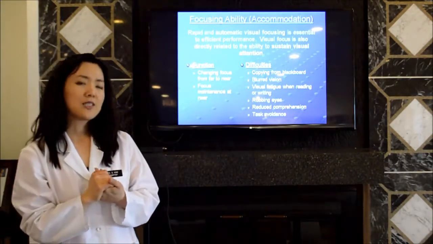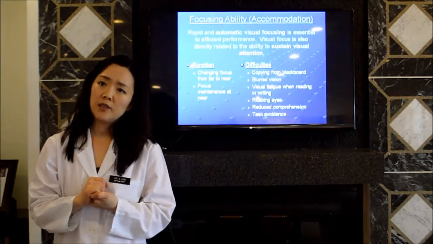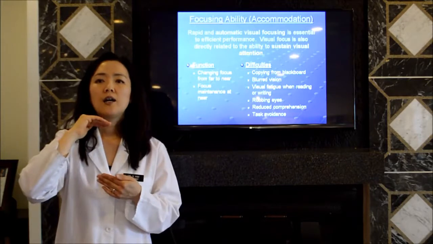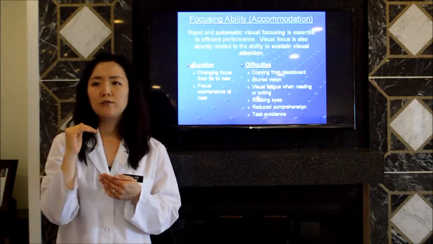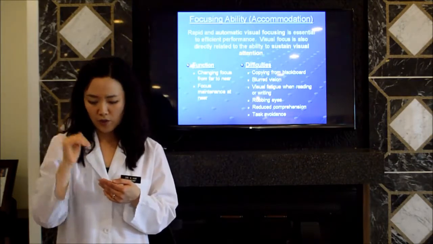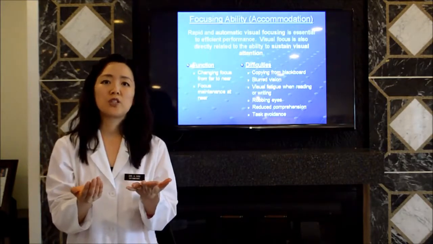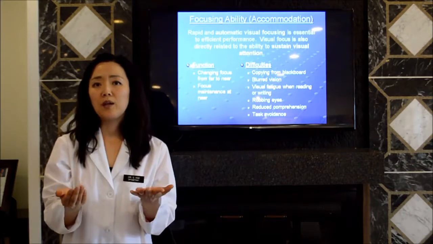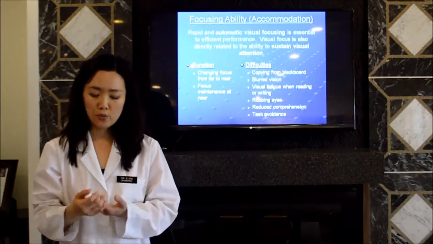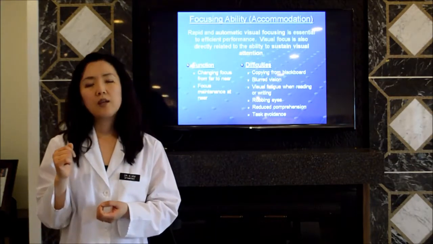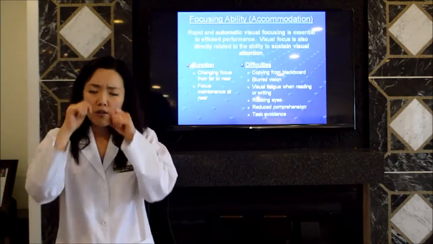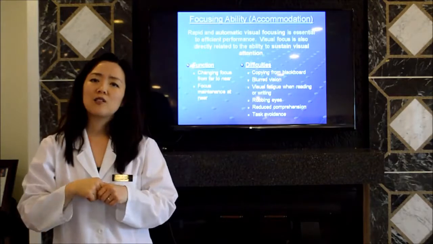When this is not working well, you have difficulty copying from the chalkboard because your vision's not changing its focus quickly enough to see far to near, and it's really difficult to finish a task because the text may become blurry before you finish your work. A lot of times kids or people will complain that they're tired, or they keep rubbing their eyes to make it better.